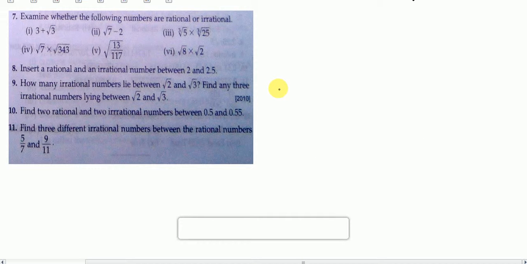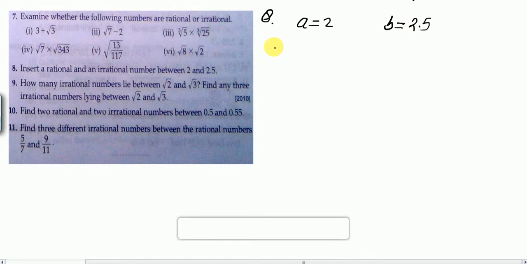question 8 is: insert a rational and an irrational number between 2 and 2.5. So a is equal to 2, b is equal to 2.5.